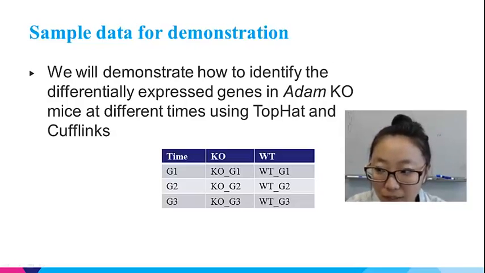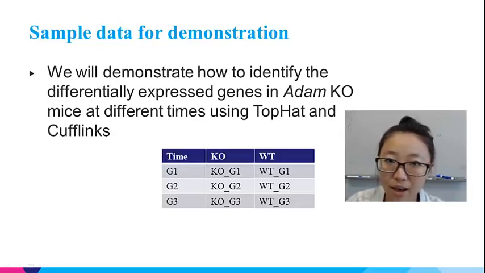Therefore, the example data we use in the tutorial is designed as knockout and wild-type samples from 3 different time points. We will identify the differentially expressed genes between knockout and wild type at each time point, as well as between neighboring time points, using the pipeline of one of the most popular RNA seq analysis software, called TopHat and Cufflinks.